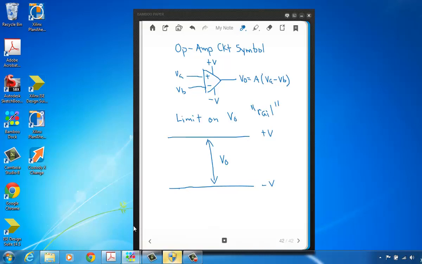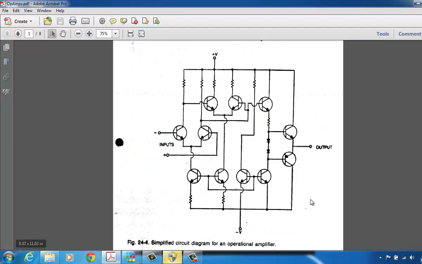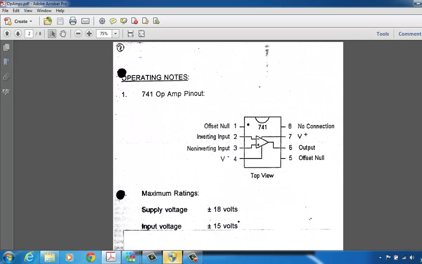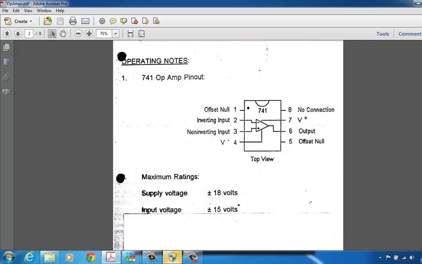Okay, one other diagram I want to show here, and this is useful particularly for those of you that are taking the lab that goes with this course: a pinout diagram for the op-amp. Op-amps most often come in integrated form, and in the lab that goes with this course, a 741 op-amp, a very common type of op-amp, is used.